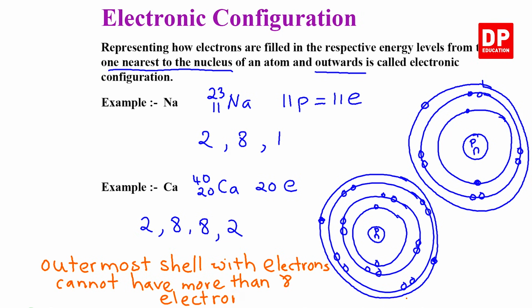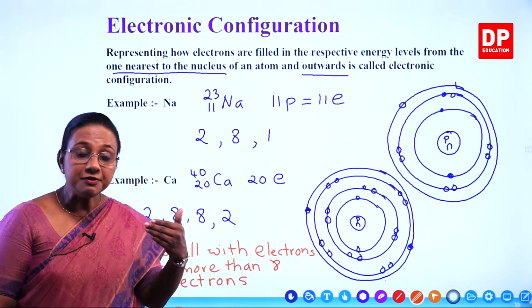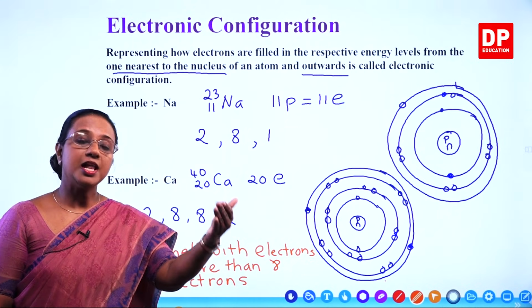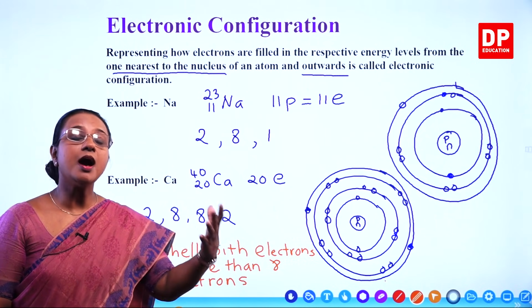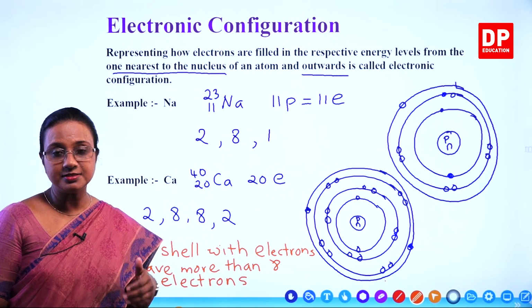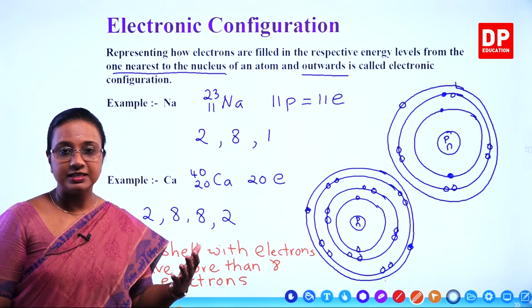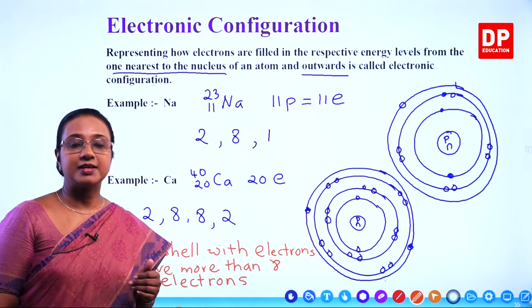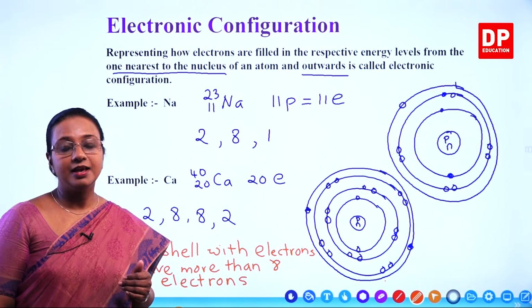This is something that you all have to remember. But if it is a shell inside, not the outermost shell having electrons, it can be more than 8 and it can go up to a maximum of 18 electrons.